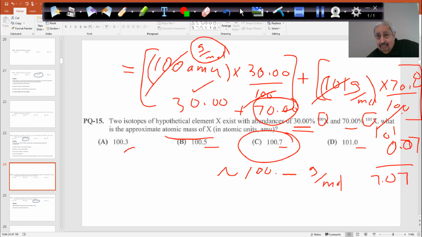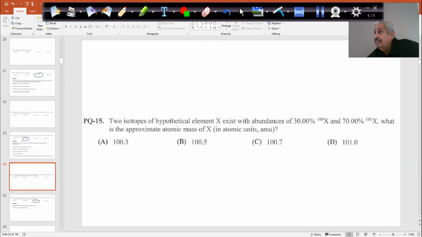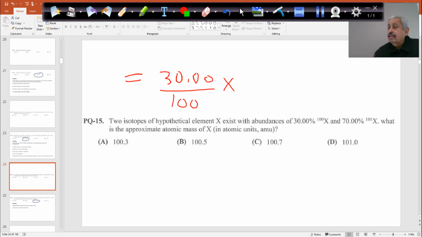Okay, let's do it again, and then you have the calculator ready. We have the sum of all the abundances multiplied by the atomic masses of each isotope present. You have two isotopes. The first one is 30%, this is your 30%, and its atomic mass here is 100.